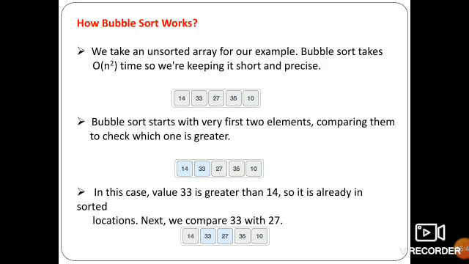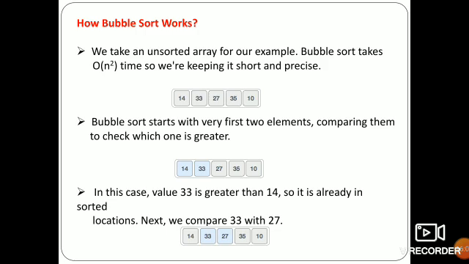How does it work? Let's see how bubble sort works. We take an unsorted array. Bubble sort takes O(n²) time, so we are keeping it short. I am taking the numbers 14, 33, 27, 35 and 10.